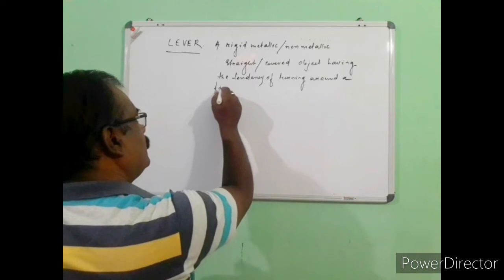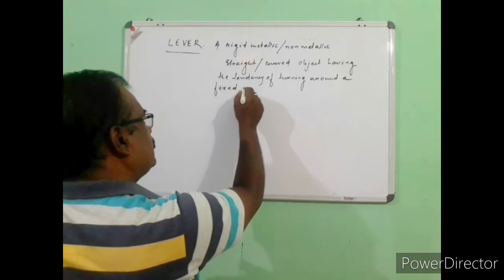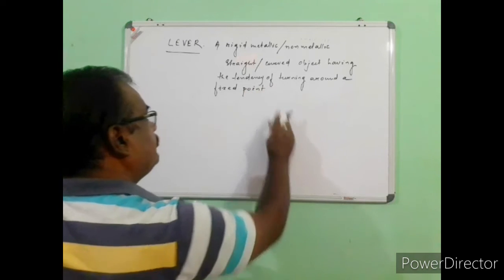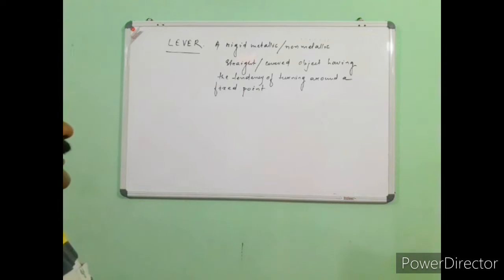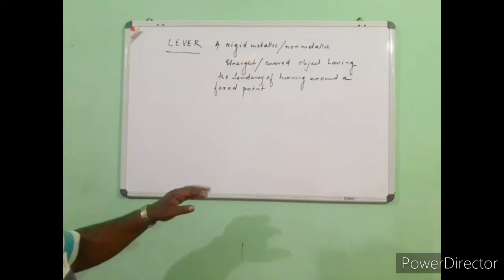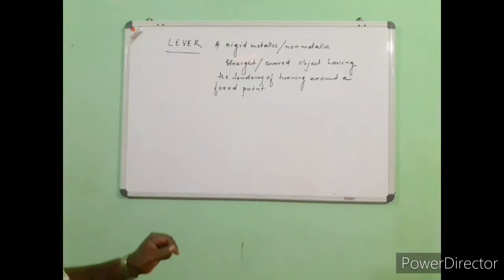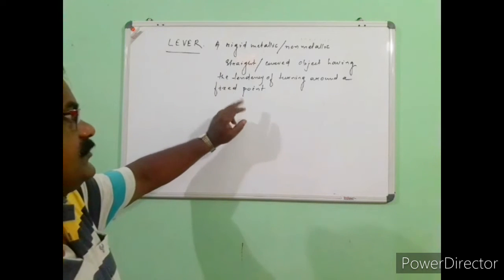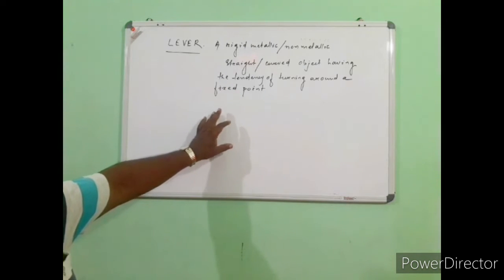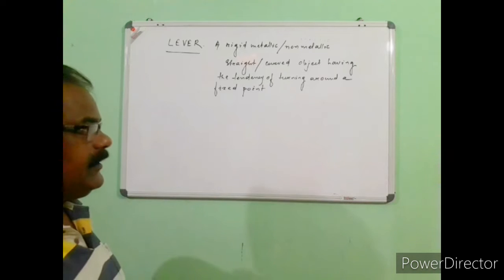So if we have such a body which is a rigid object, it may be metallic or non-metallic, it may be straight or curved, it doesn't matter, but it should have the tendency of turning around a fixed point.